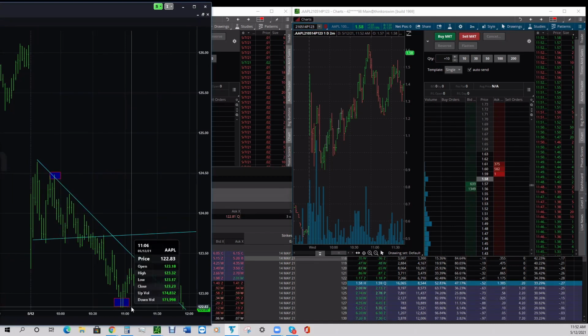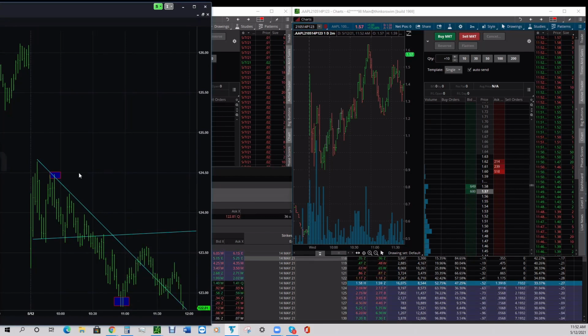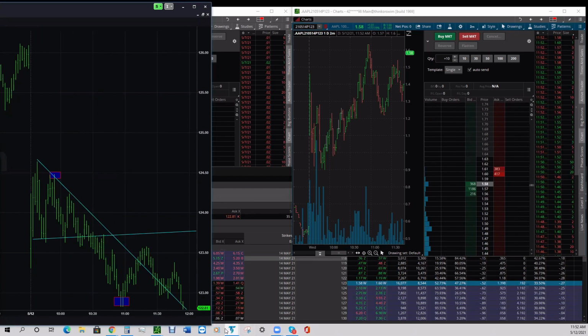And again, in a perfect world, let's just say that was 122.83. So again, let's make it a little even, 122.50. We'll even give it an extra 30 cents, which it never even hit. So it went 124.50, so it made $2. I mean, really didn't, but just for the math. So for $1,000, it moved.